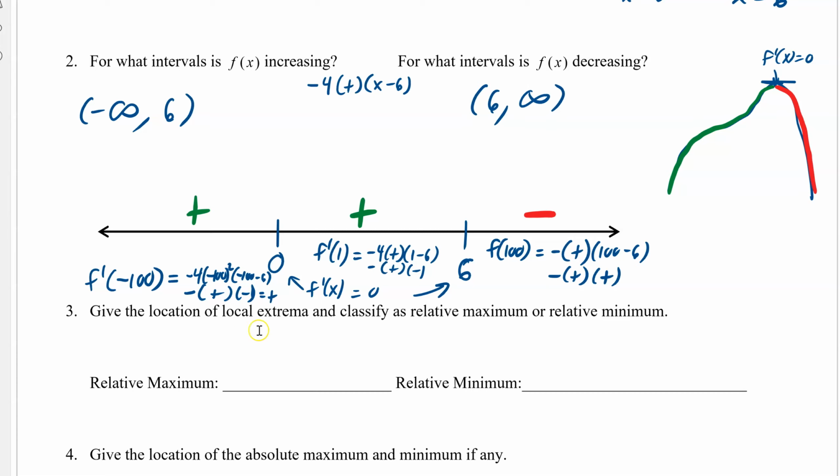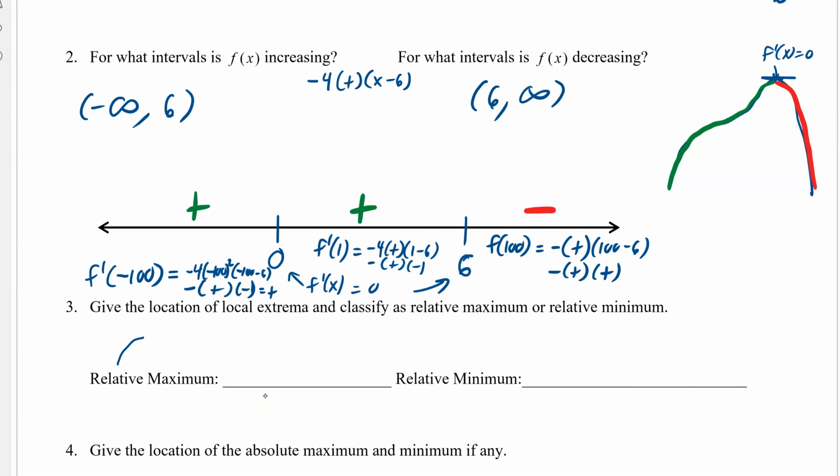So give the location of local extrema and classify as a relative maximum or a relative minimum. So in order for it to be a maximum, we need to have this situation. And in order for it to be a minimum, we need to have this situation for our polynomials. And so for polynomials, that would mean that we have an increase and then we have a decrease. And for a minimum, we would have a decrease and then an increase.